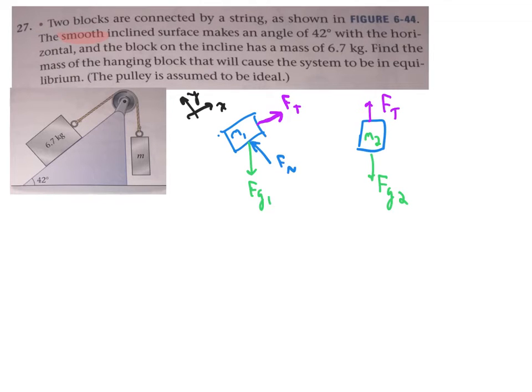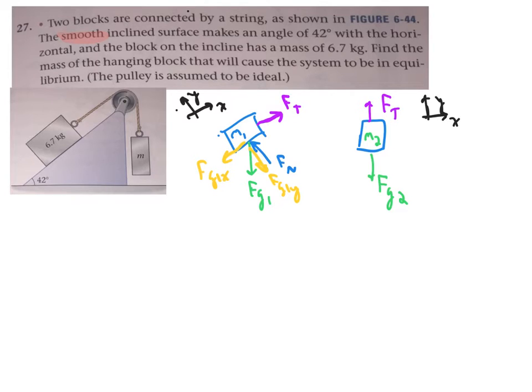And for the hanging block, I'm going to use y vertically and x horizontally like usual. When we do that, we see that our FG1 is actually two different parts, an FG1X and an FG1Y, where FG1X points down along the incline, and FG1Y points into the incline.